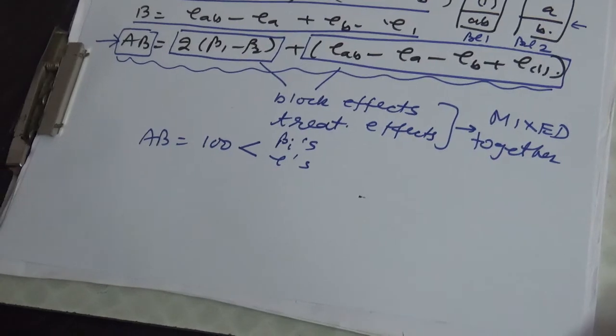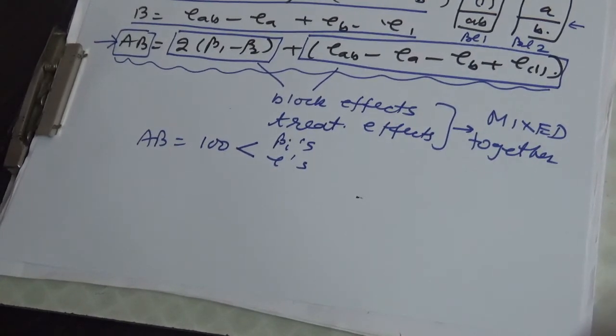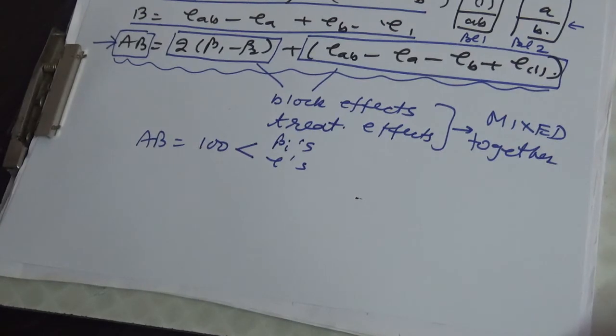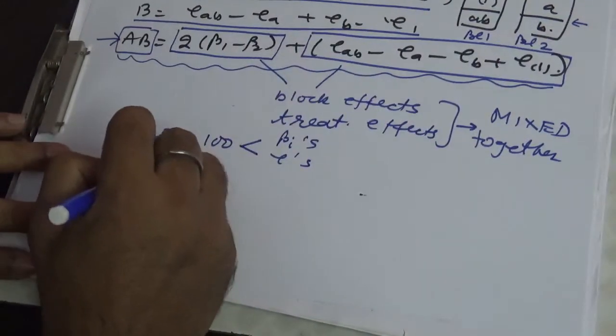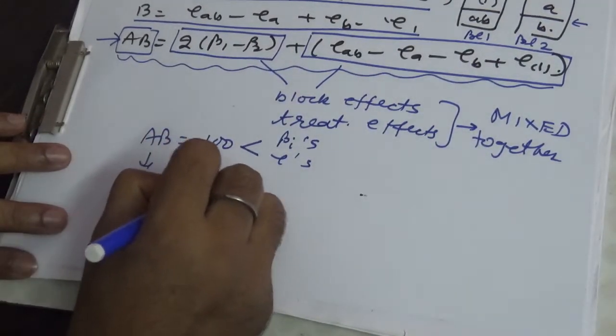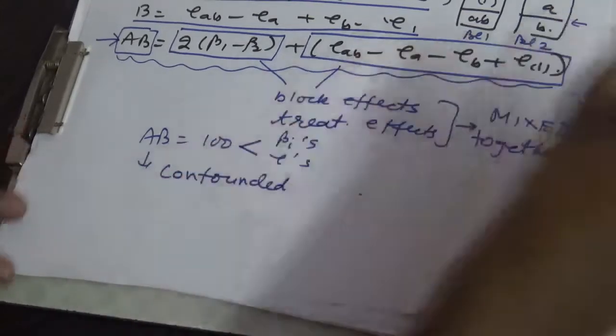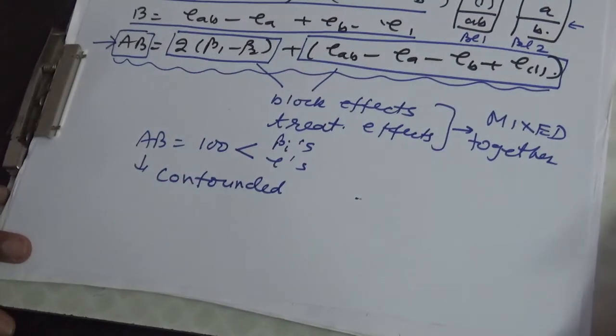In this block arrangement, you can clearly estimate the main effects A and B, but the interaction effect AB is getting confounded. What does this mean?